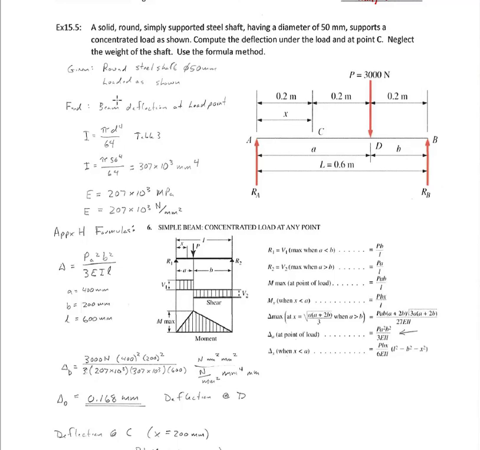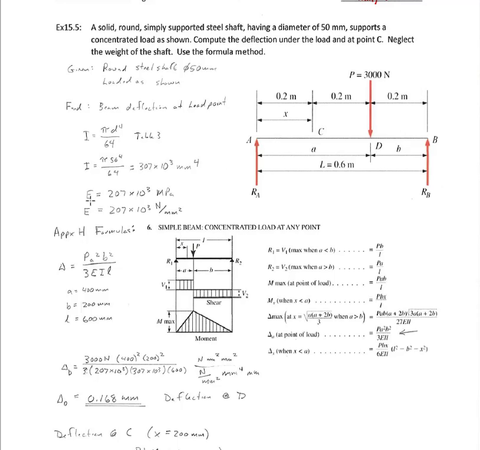Okay, so given a round steel shaft, 50 millimeters in diameter, loaded as shown, find the beam deflection at the load point and at point C. Okay, so the first step is we're going to find our I, our moment of inertia from table 3, that's pi d to the 4th divided by 64. That's 307 times 10 to the 3rd millimeters to the 4th.